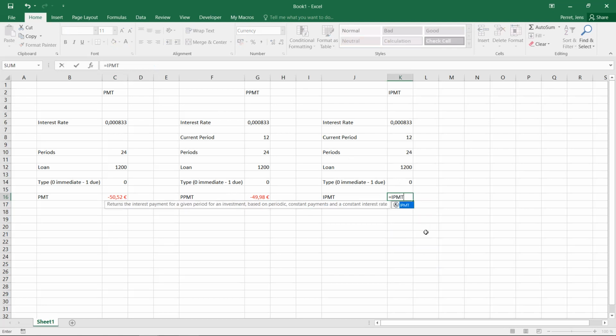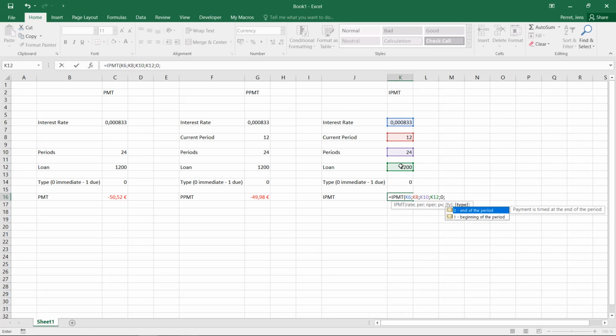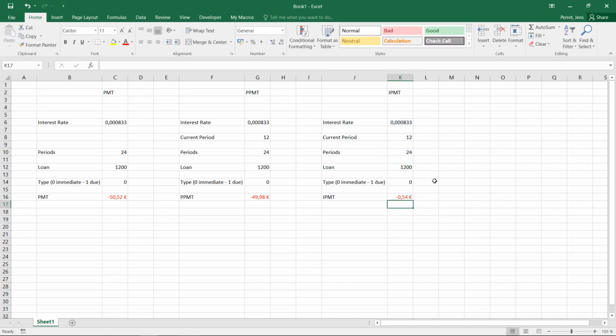And the Ipmt function has exactly the same logic. Interest rate, current period, number of periods, loan, and then final value, so remainder, and here the type is this immediate or due.